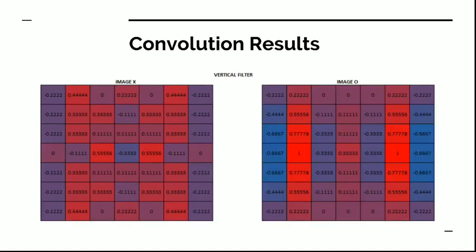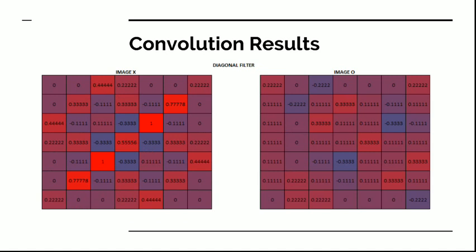Similarly, when we convolute the original images with the vertical filter, again for image X we cannot see any clear pattern, but for image O we can see two vertical lines, corresponding to the vertical lines in image O. If we convolute the two images with the diagonal filters, for the first diagonal filter, image O shows no clear pattern, because there is no diagonal part in image O. But for image X we can see one of the diagonals in the transformed image.